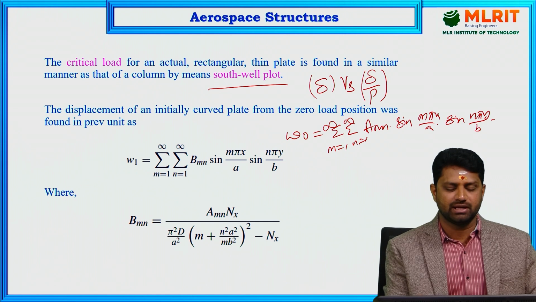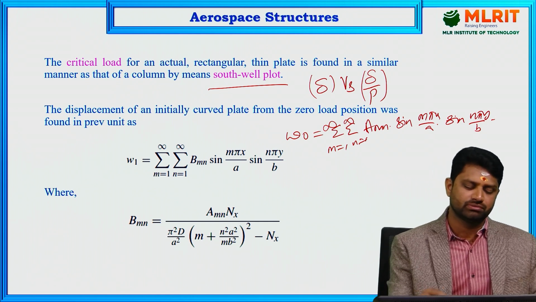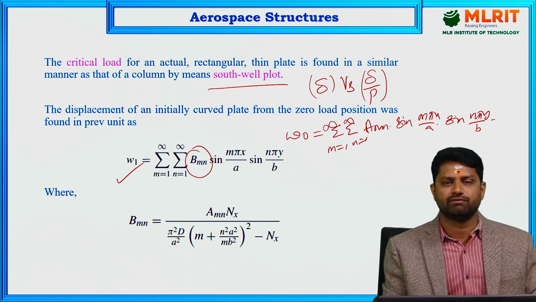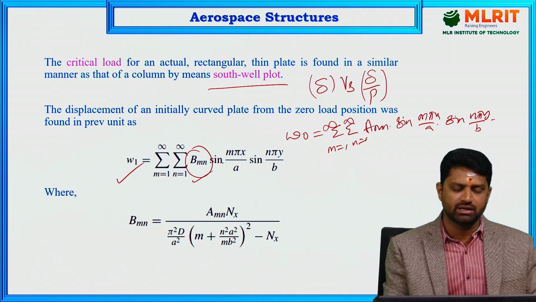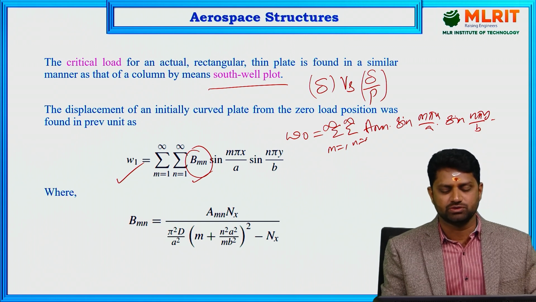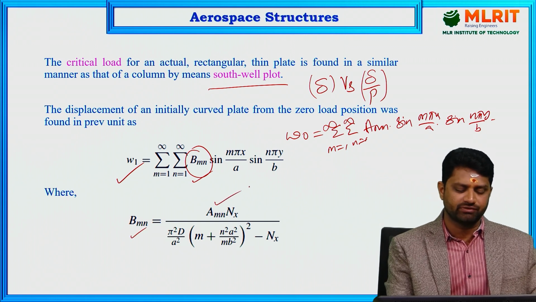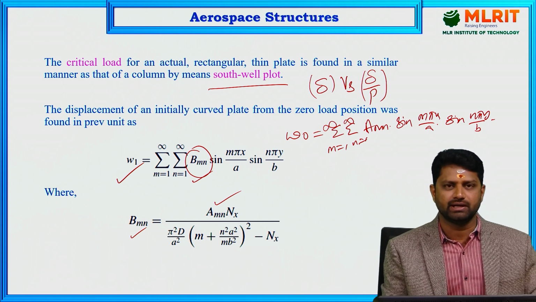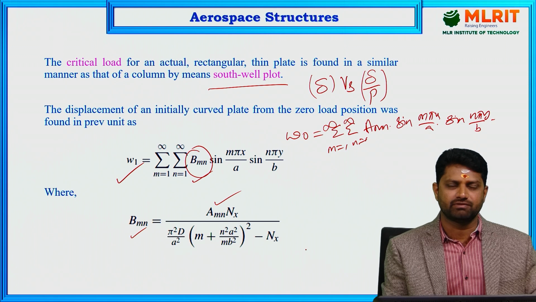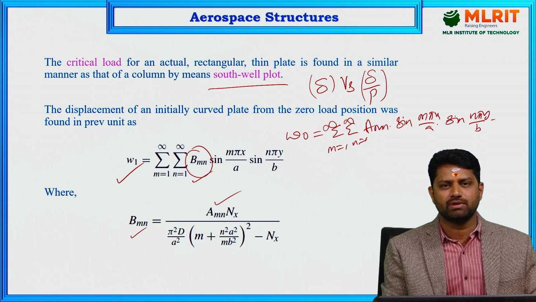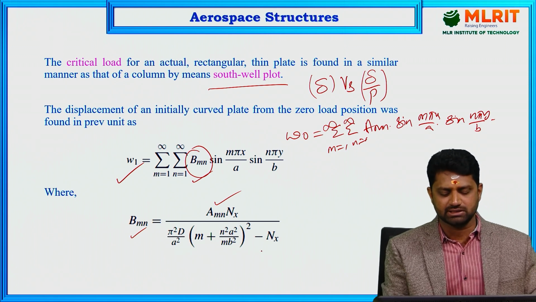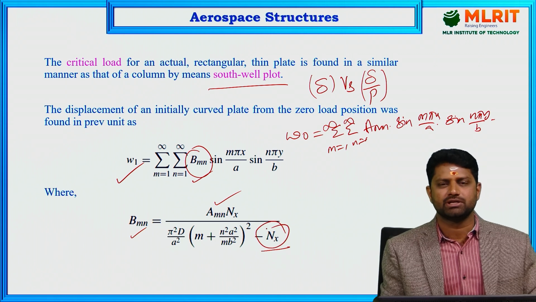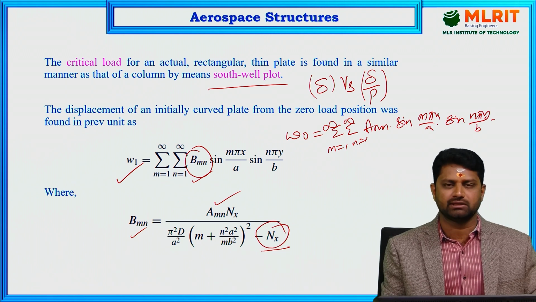After applying a compressive load, it is going to deflect further, and let us assume the deflection is given by W1, in which the unknown coefficient we have taken as Bmn. Even in the previous unit, Bmn can be written in terms of Amn with this formula: Bmn equals Amn into Nx divided by pi square D by a square into (m plus n square a square by m b square) whole square minus Nx, where Nx is the compressive load in x direction per unit length that we have assumed.